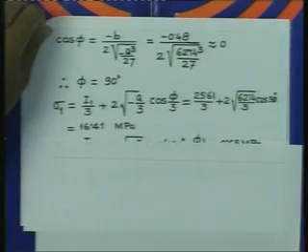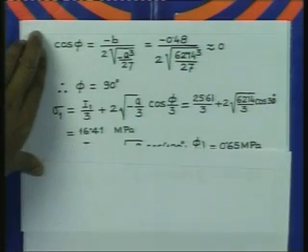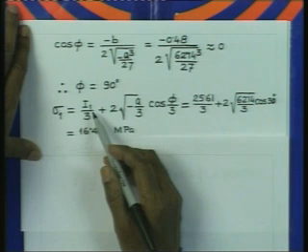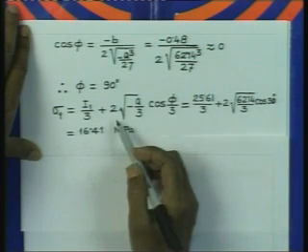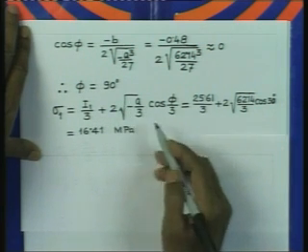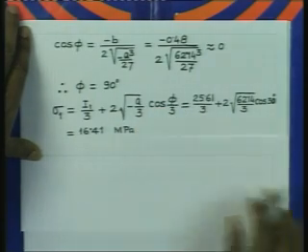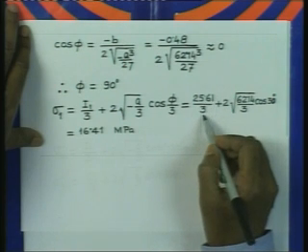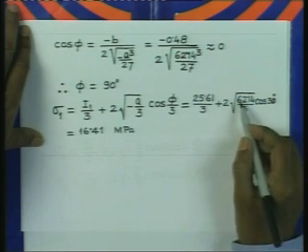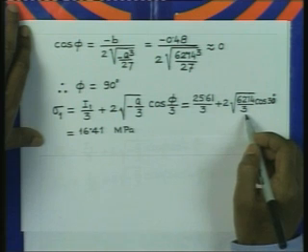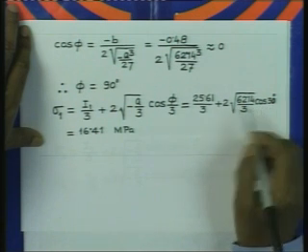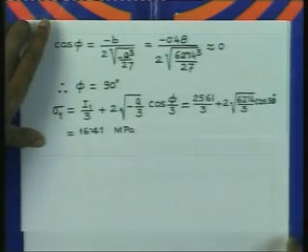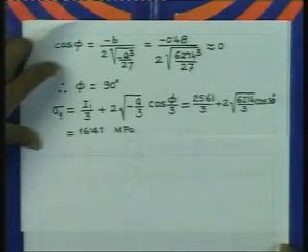Now, the value of the principal stress is given by sigma 1 equal to I1 by 3 plus 2 square root minus a by 3 cosine phi by 3. So, substitute the value 25.61 by 3 plus 2 square root 62.14 by 3 into cosine, phi is 90, so this becomes 30 degree, and if you simplify, this comes out to be 16.41 megapascal.